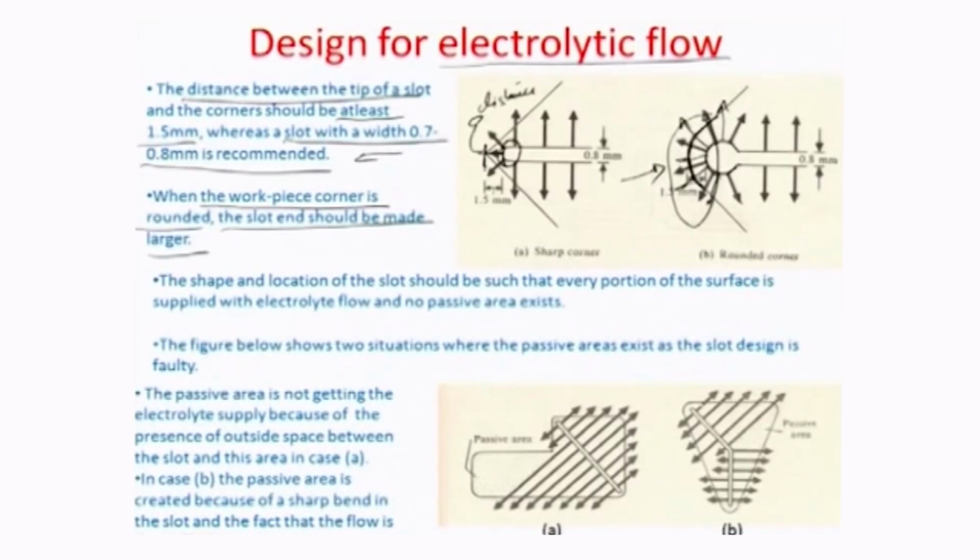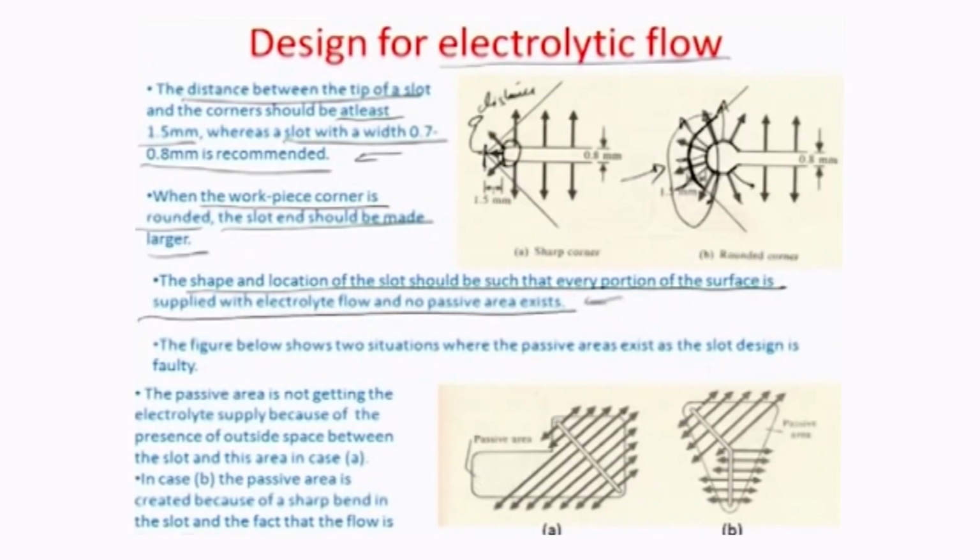If the slot were narrow here, maybe the flow would not have been able to reach sufficiently the fully chamfered corner. So, you have to ensure that the flow reaches. Okay. So, maybe some shape equivalence between the chamfering here and the chamfer of the corner of the slot is needed, and the shape and location of the slot should be such that every portion of the surface is supplied and there is no passive area.